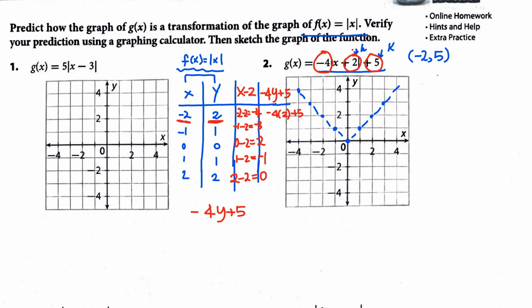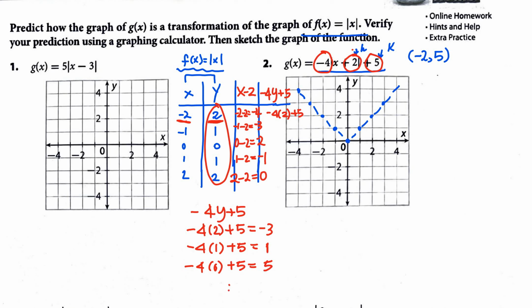The y value was 2, so -4 times 2 plus 5 gives me -8 plus 5, which is -3. For the y value 1, we replace all the y values from the parent function. And -4 times 0 plus 5 is 5.